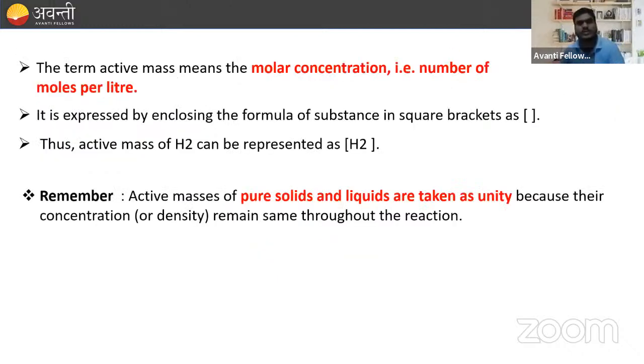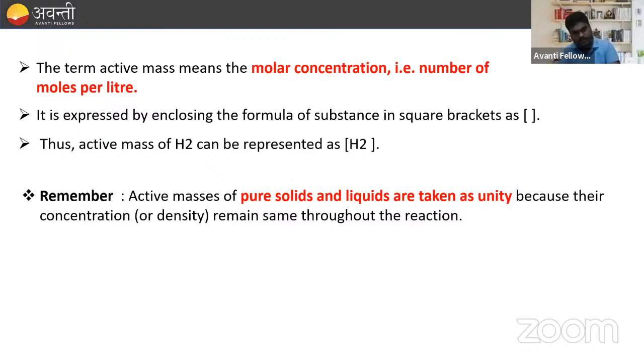Good. Now, the term active masses means the molar concentration, that is the number of moles per liter. So many of you have no problem related to this. So what is this active mass? Active mass is nothing but the molar concentration, that is the number of moles per liter, right? So you have to calculate the number of moles per liter. This is the actual thing.